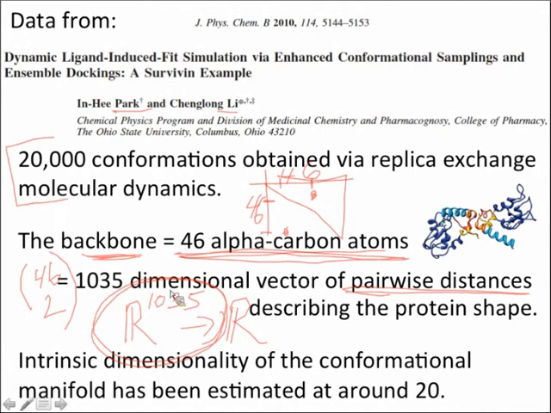So one can, of course, do much better than that. Instead of taking a look at the pairwise distances, one can instead take a look at the 46 alpha carbons, and each of them comes with an XYZ coordinate. And so we've got 46 times 3, so that is 138 possibly.